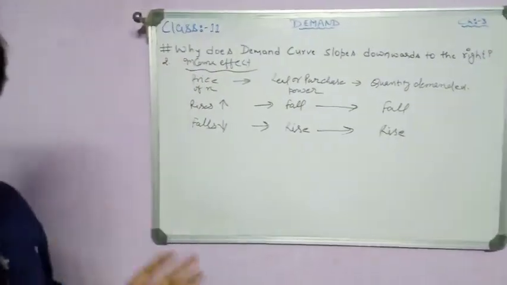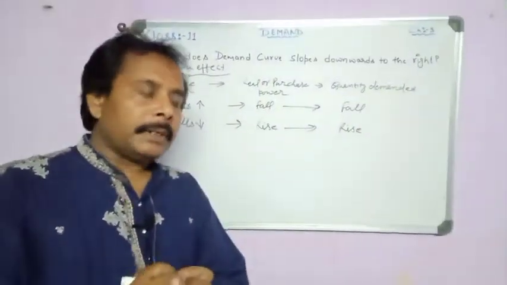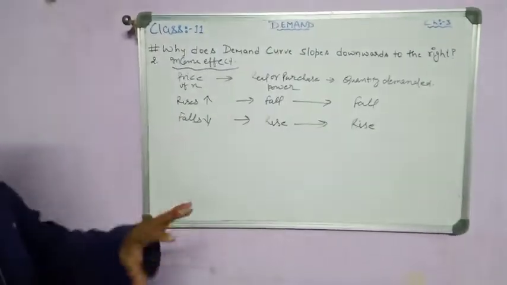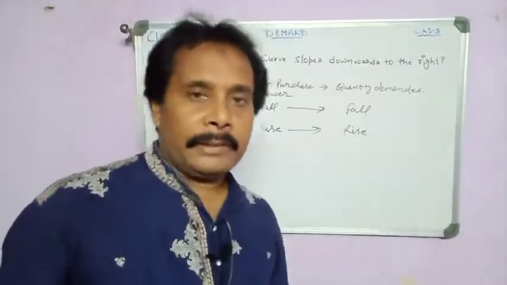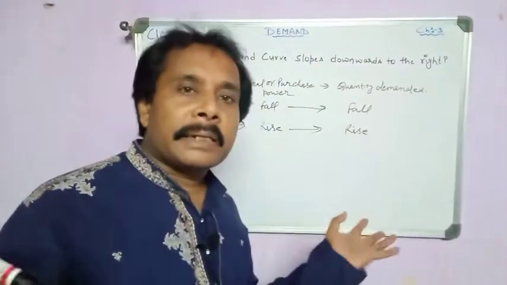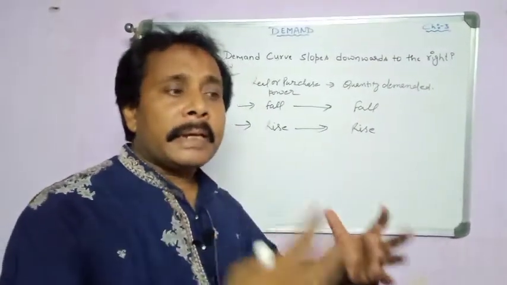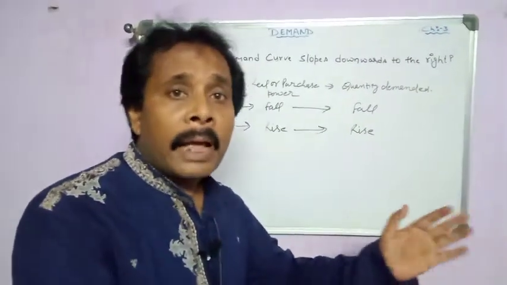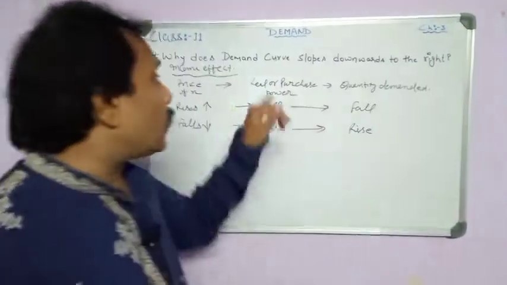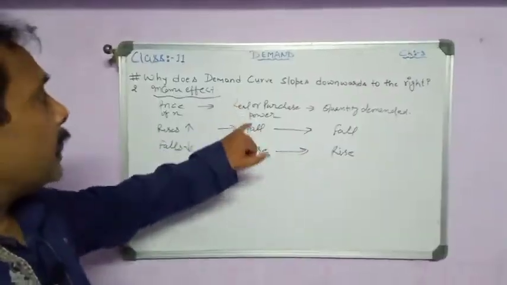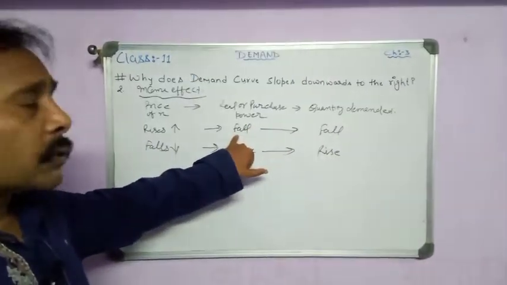So in other words, we can simply say that if the price of any commodity increases, it means a consumer is spending more money and his saving decreases. As the saving decreases, his real income starts to decline.